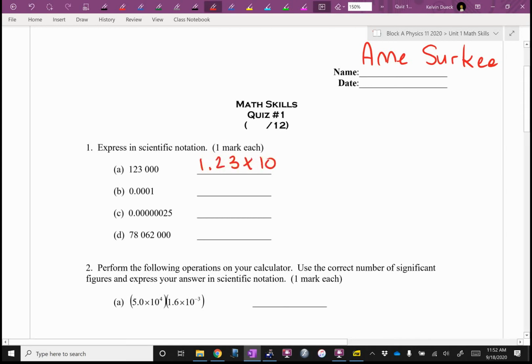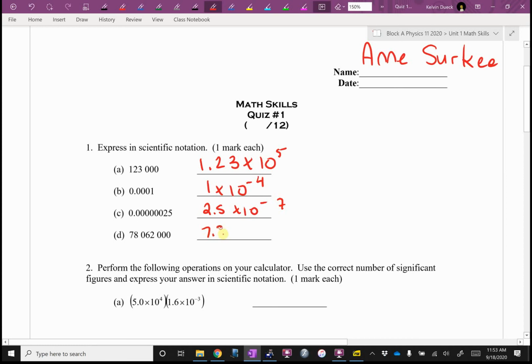Wait, you put times 10 to the what? 5 or 6. So I would go half mark for the 1.23 and half mark to the 10 to the 5th. 1 times 10 to the negative 3 or 4? Good. 2.5 times 10 to the negative 1, 2, 3, 4, 5, 6, 7?